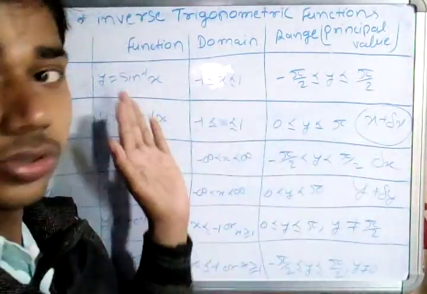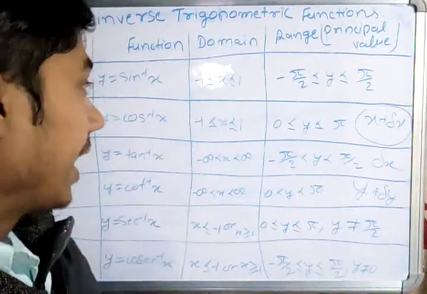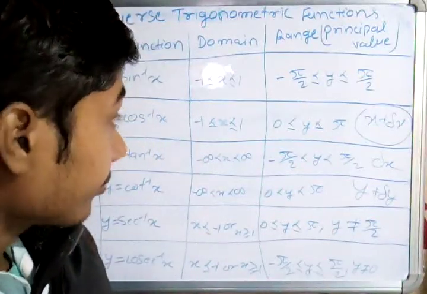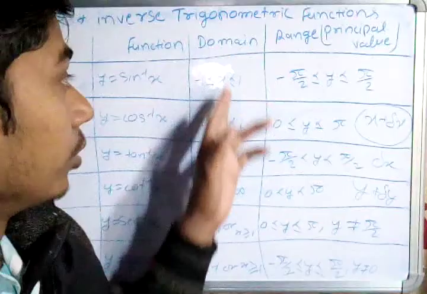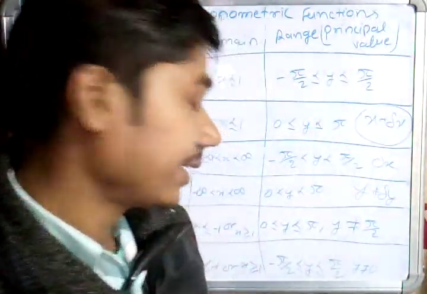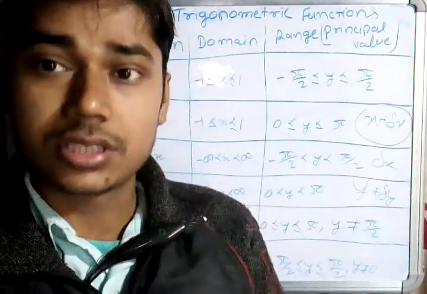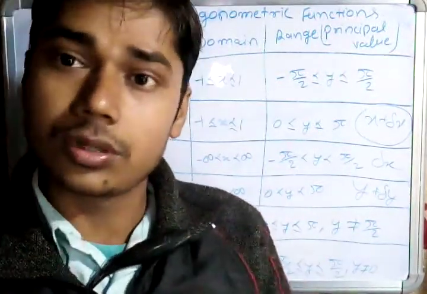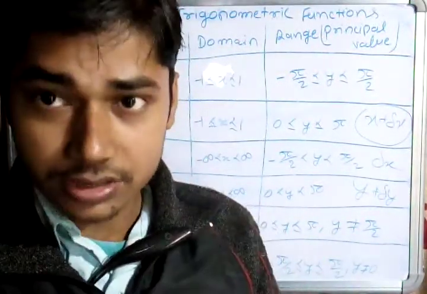Such as sine inverse, cos inverse and tan inverse, with their domain and range, and we know that the differentiation of sine inverse x is equal to 1 by root under 1 minus x square.